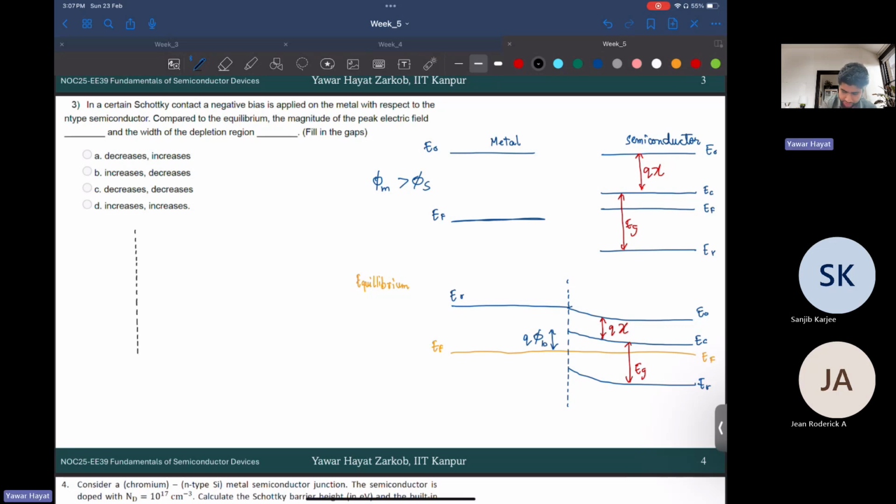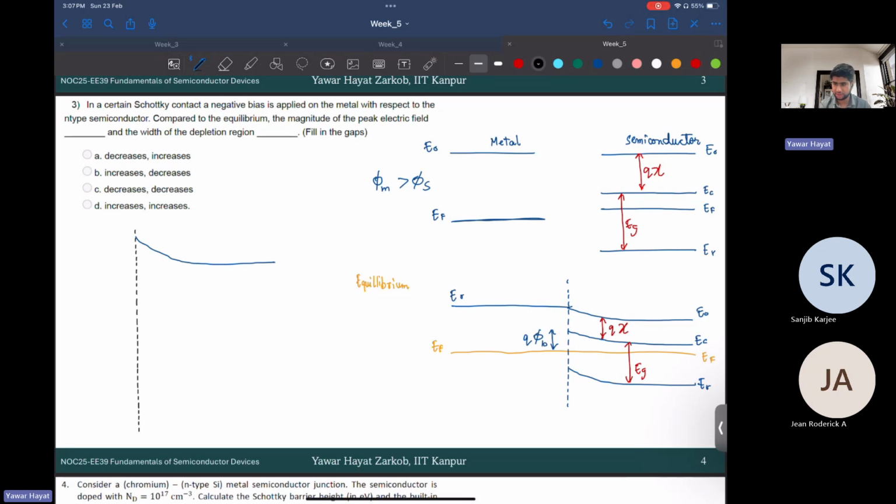This is the junction. This is how E varies, and how would potential vary? Potential would vary like this.